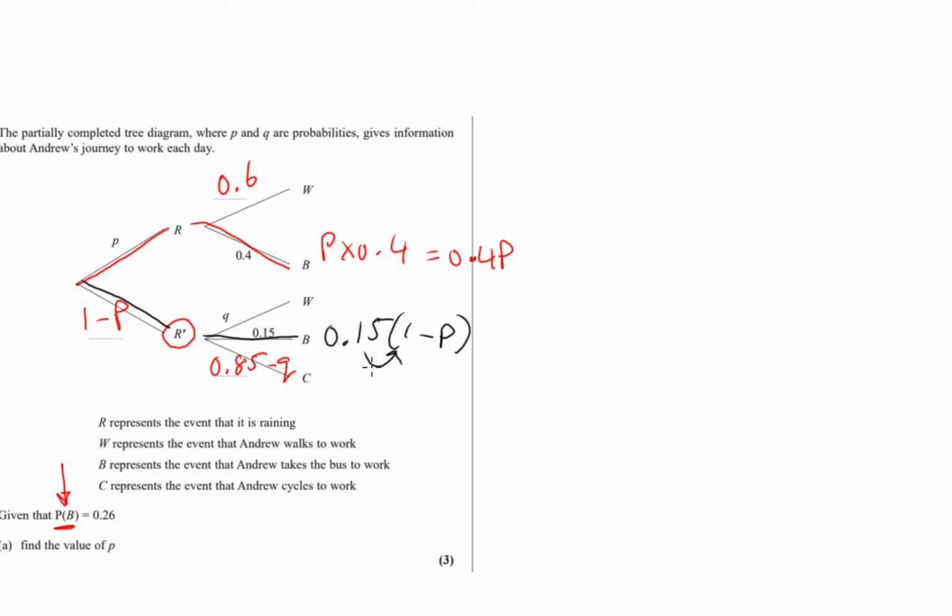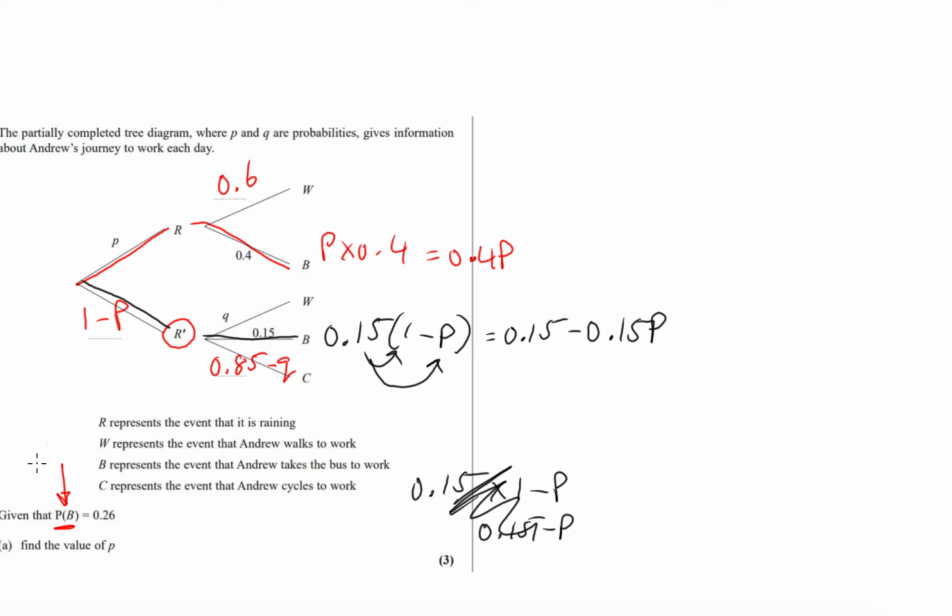If I didn't put brackets, I might think it's 0.15 times 1, which is 0.15 minus P. But that's not correct, because we need to multiply all of this quantity by all of this quantity. So 0.15 times 1 is 0.15, and 0.15 times minus P is minus 0.15P.